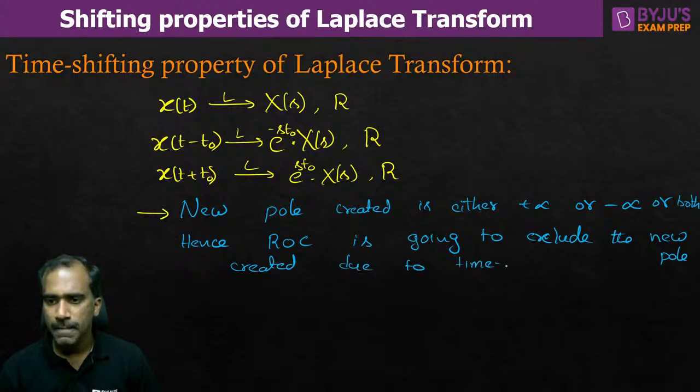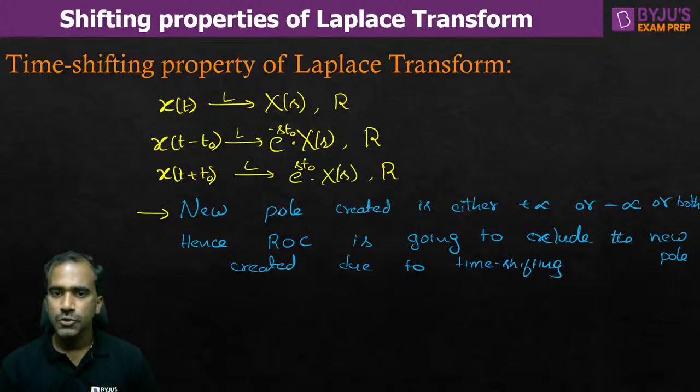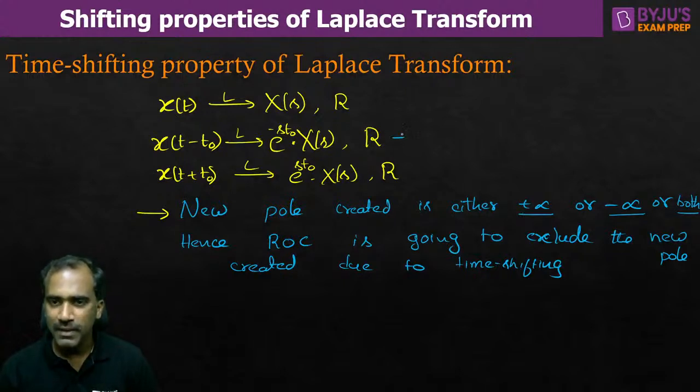Observe this one carefully. The new pole created is either plus infinity or minus infinity or both of them. Hence the ROC is going to exclude the new pole created due to time shifting. So I can write here R minus new pole. Whatever is the new pole, just remove that from the ROC.